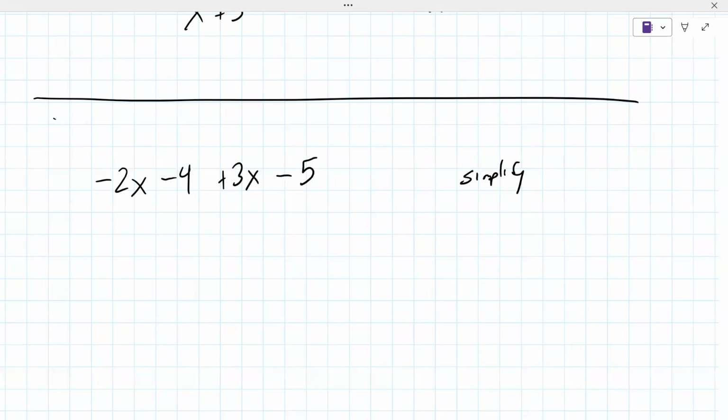Would x equal -9? We're not solving. We're simplifying. There's no equal sign. We're just combining like terms.